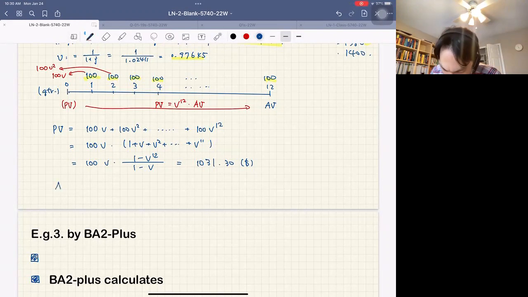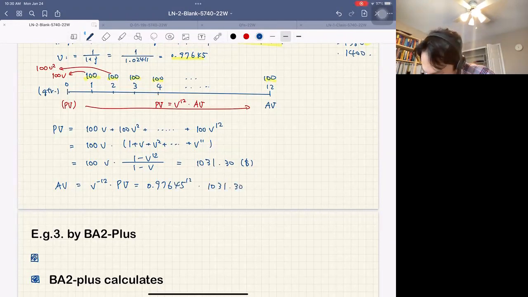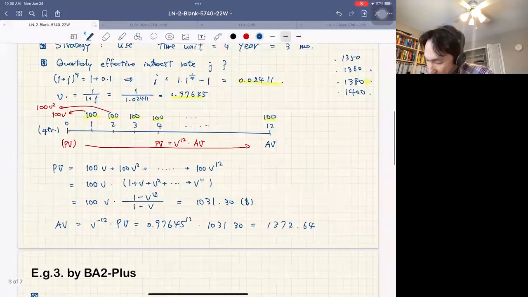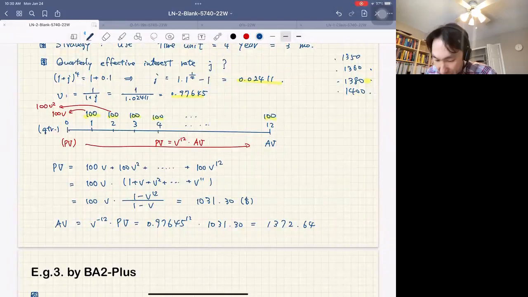So AV is equal to V to the negative 12 times PV: 0.97645 to the negative 12th power times 1031.30, which is 1,372.64. So 1,360 is also close, but this one is closer.